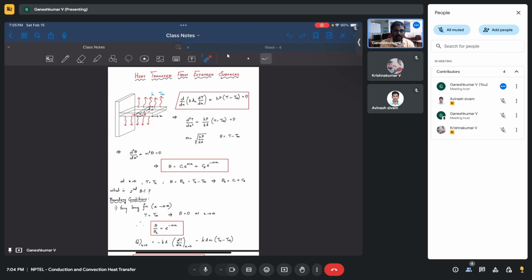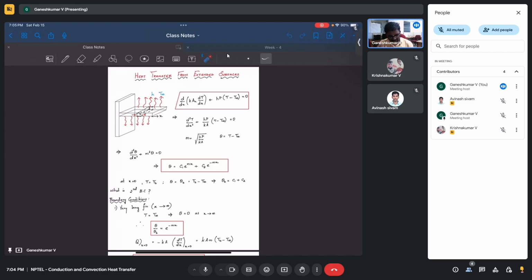For various devices, we'll be able to see these kinds of fins. If we have such a fin, there is an additional convective heat transfer happening on the surface of the fin, which we are going to take into account in our heat transfer analysis. That is what we did in week 4.